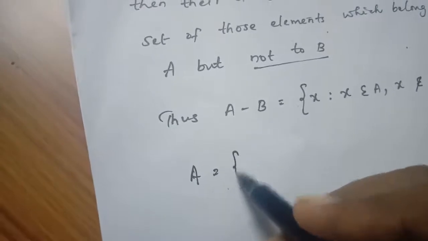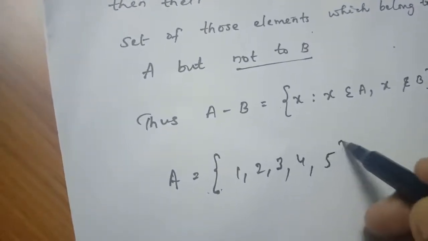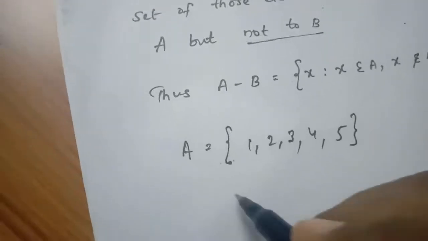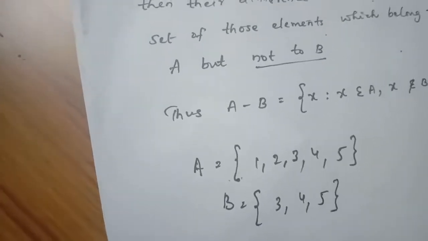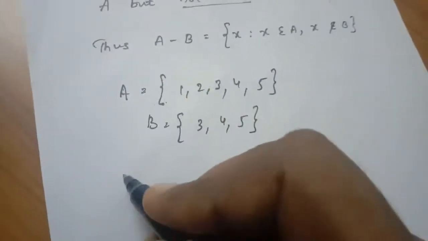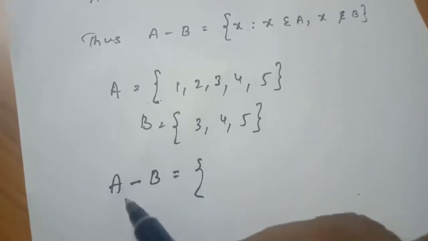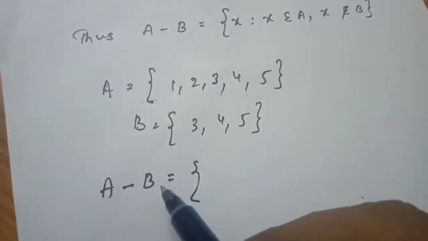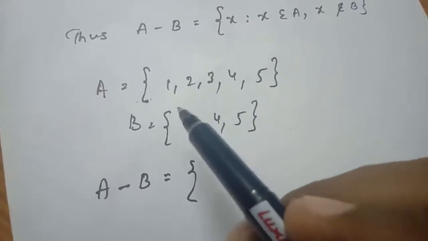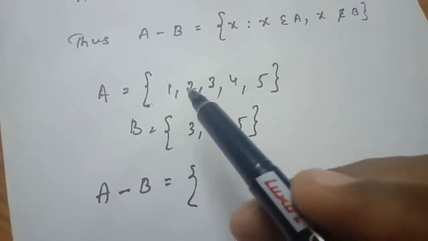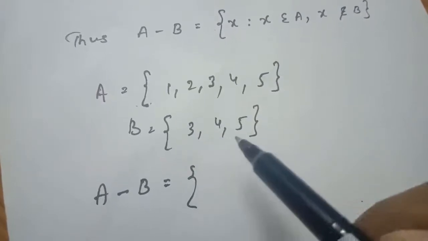For example, we can write one example. A is equal to set {1, 2, 3, 4, 5} and B is equal to set {3, 4, 5}. Now here A − B. First, A − B means we can take elements of A but not in B. Clear? Now here A and B are given. Which are the elements which are in A and which are not in B?